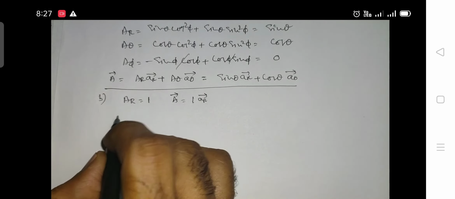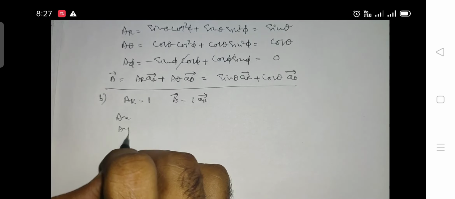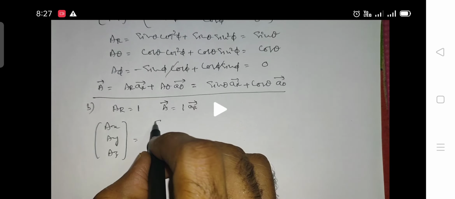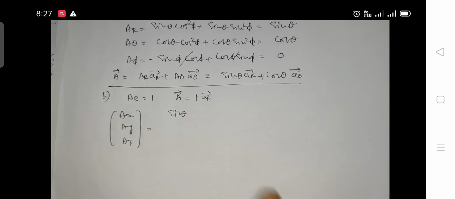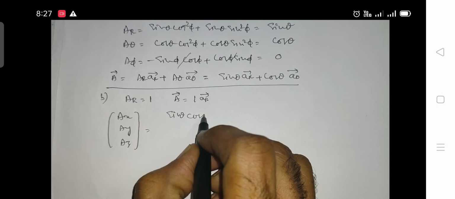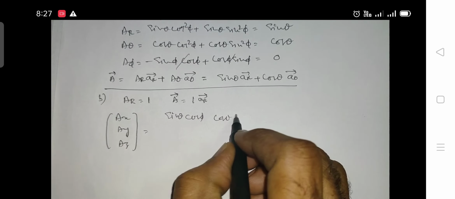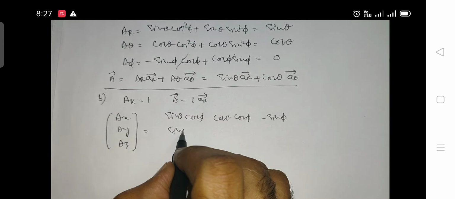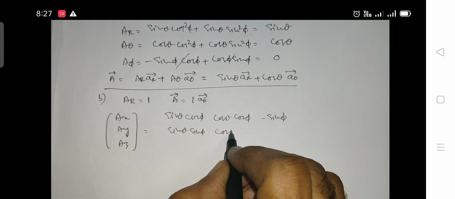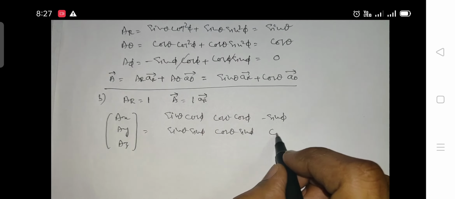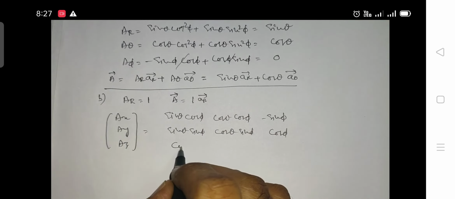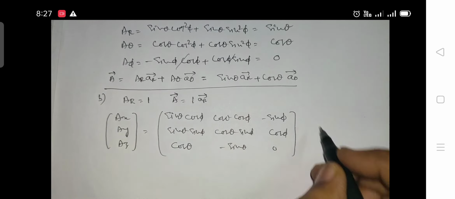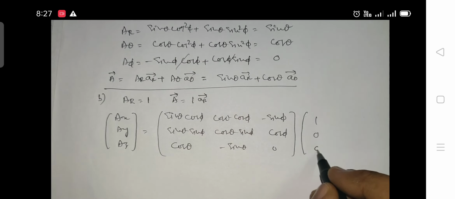and we know the transformation matrix which we have solved earlier, AX, AY, AZ, which is equal to sin theta cos phi, cos theta cos phi, minus sin phi, sin theta sin phi, cos theta sin phi, and cos phi, cos theta, minus sin theta, 0, multiplied by 1, 0, 0.